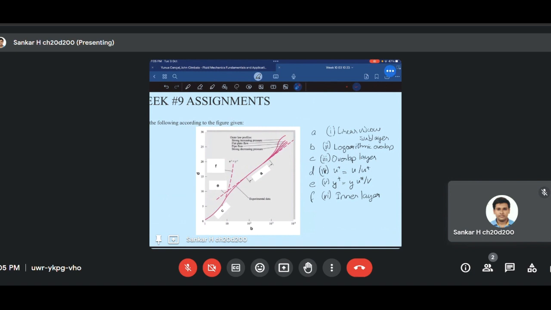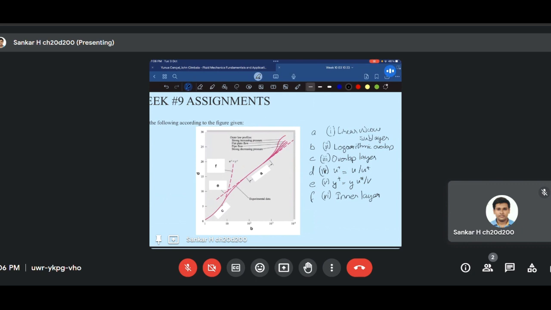They were just to identify which part of the graph each of them belongs to. Let's start by identifying the axis. We know that this is a plot of the non-dimensionalized velocity on the y-axis versus the non-dimensionalized distance on the x-axis.